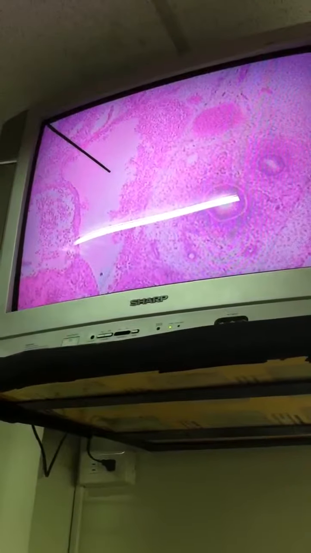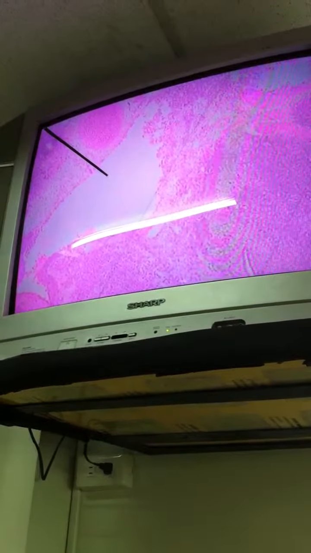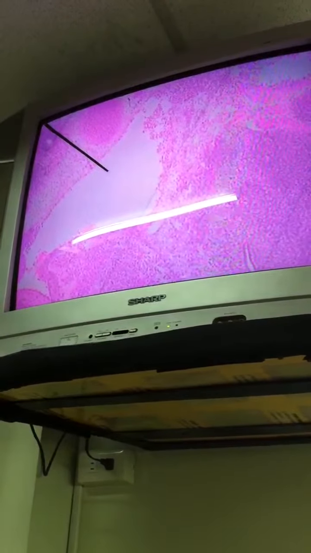Now note that just above the atria, there are 2 chambers. So this is your atrium, no? Above the right atrium, see this chamber? That is what you call your right sinus venosus. And on the other side, you have your left sinus venosus.